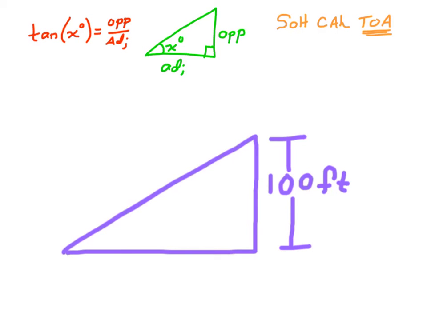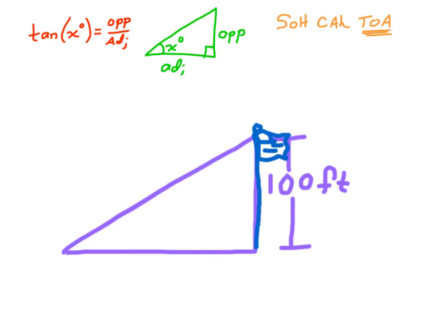We need to draw a little flag at the top of that guy because all flagpoles need little flags. Here we go. Flag. There's our flag. There's our flagpole, right? And a little dingle ball at the top. There's our flagpole. Okay, so we got some kind of flagpole there. And we know that it's 100 feet tall.